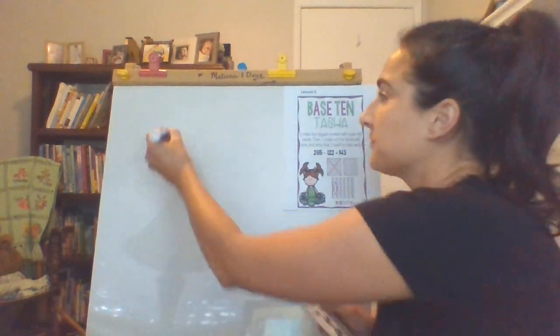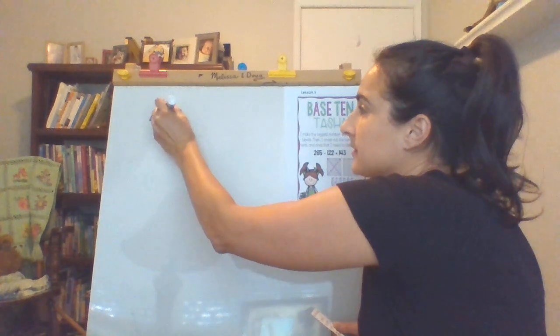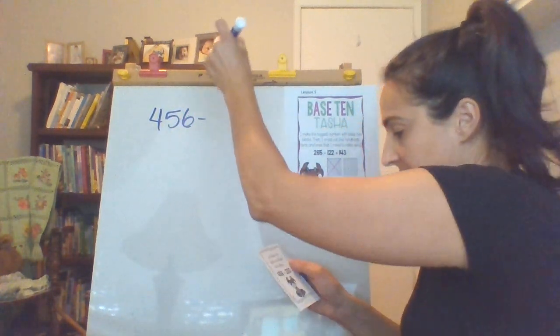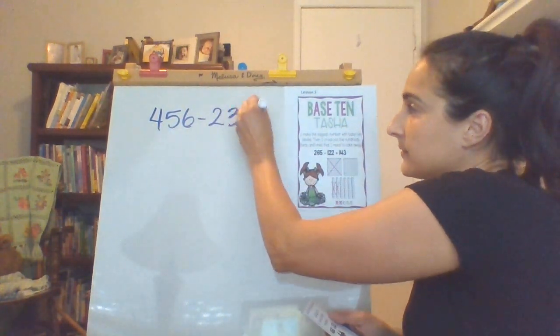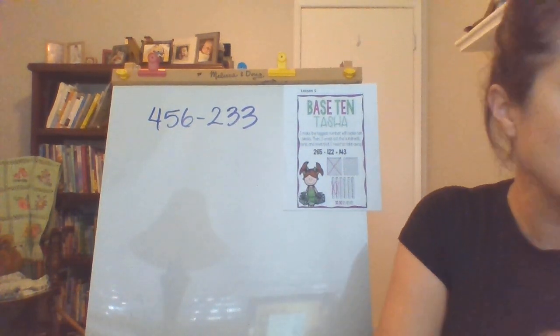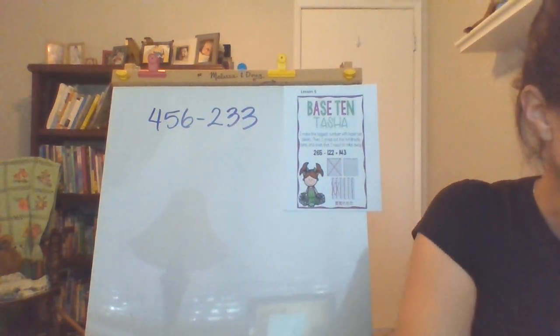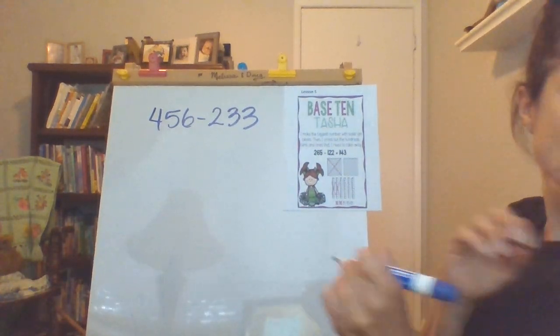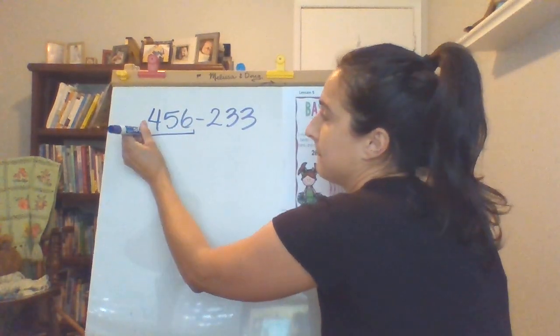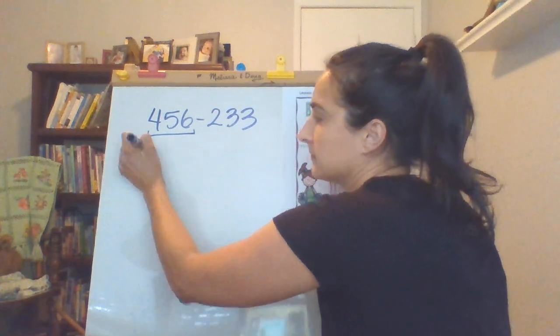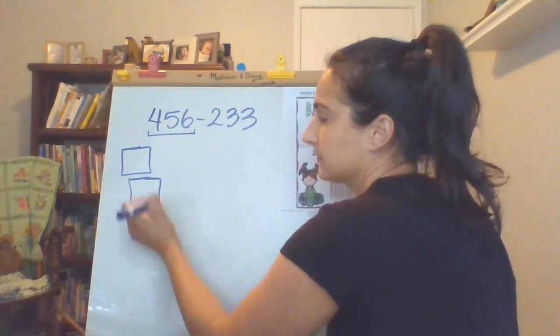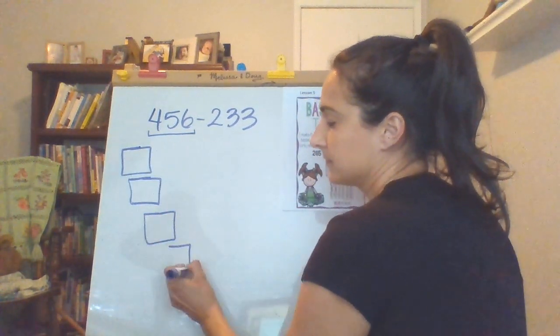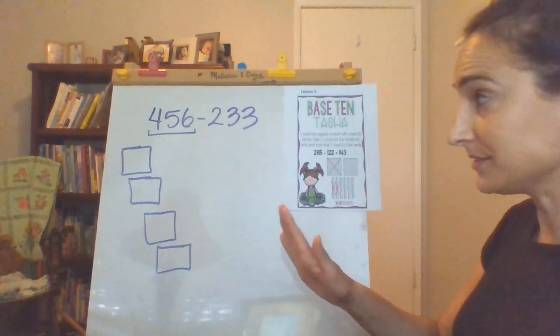So I have 456 minus 233. Okay, so just follow along with me. All right, I'm going to draw out. These are hundreds.